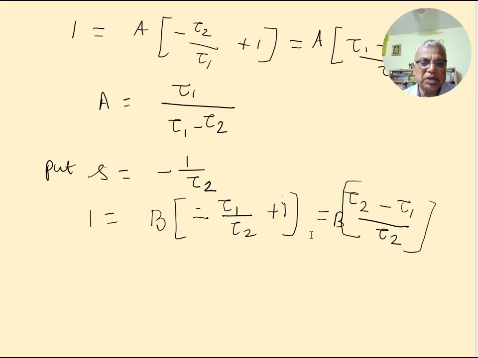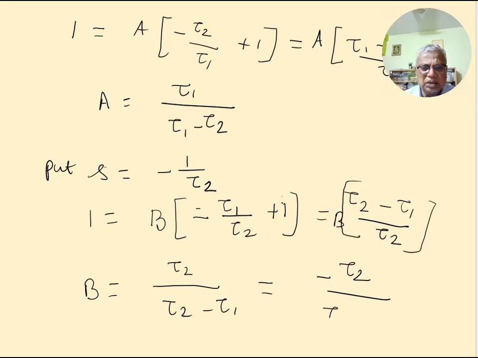So if you solve for b, b is going to be tau 2 by (tau 2 minus tau 1), or I can also write this as minus tau 2 by (tau 1 minus tau 2). So this is a and b.